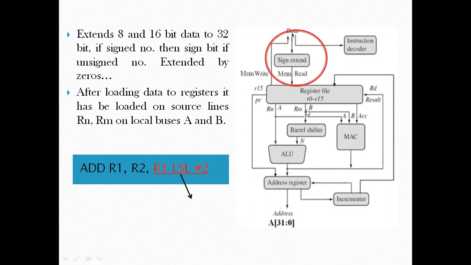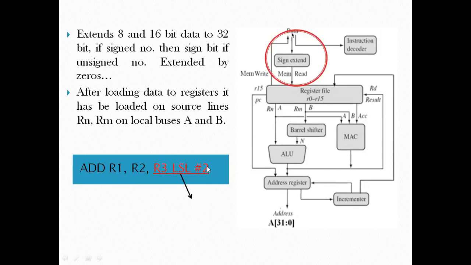The second operand always passes through a barrel shifter. If there is a shift operation, it is used, otherwise it is not used. This feature is called inline barrel shifting, and we have seen its usage in instructions, let's say in this example: AND R1, R2, R3, LSL.